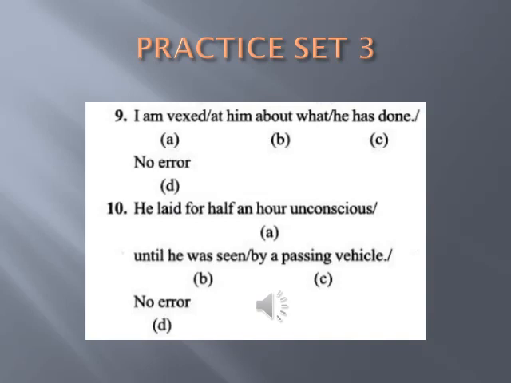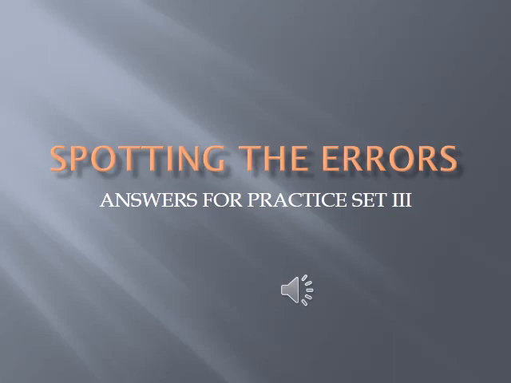Last question of practice set number 3. He lay for half an hour unconscious, A, until he was seen, B, by a passing vehicle, C. No error, D. I hope you have attempted all 10 questions of spotting the errors of set number 3.